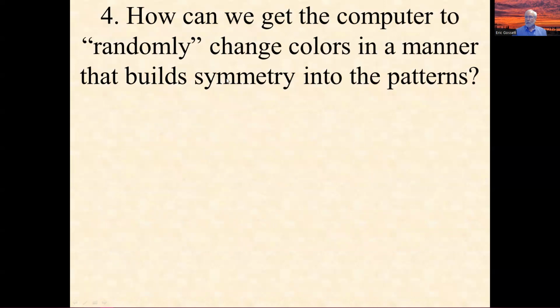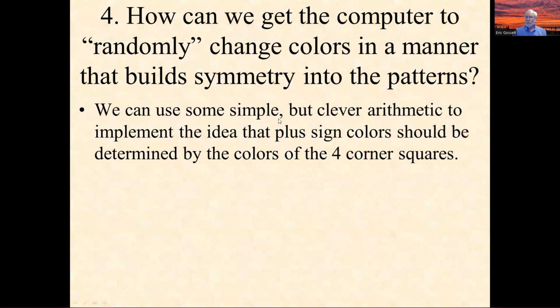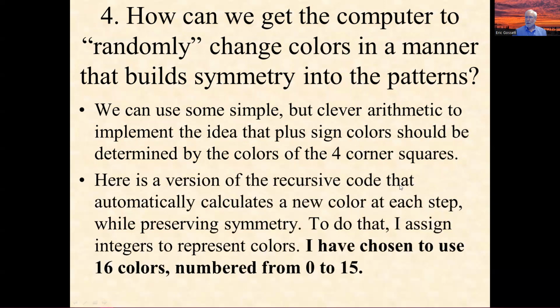Finally, how can we get the computer to randomly change colors in a manner that builds symmetry into the patterns? And the key idea is to use this notion we developed when we colored the graph. We're going to use some simple but clever arithmetic to implement the idea that plus sign colors should be determined by the colors of the 4 corner squares. To do that, we need to do arithmetic, and so we're going to convert from colors into integers.